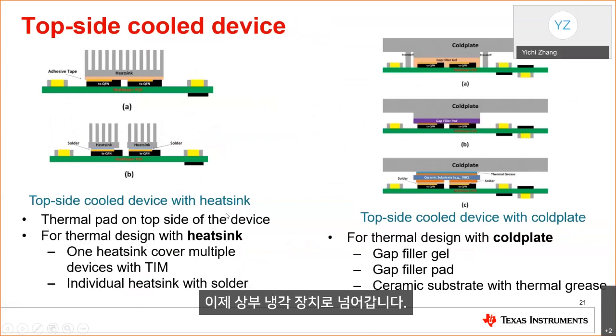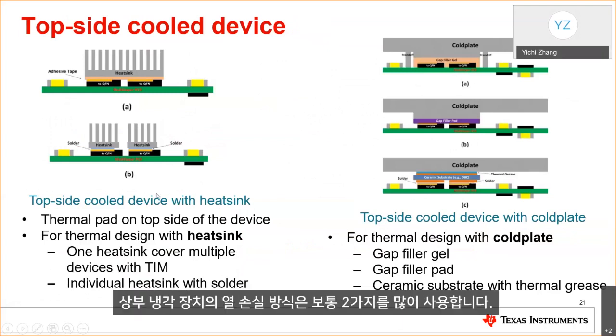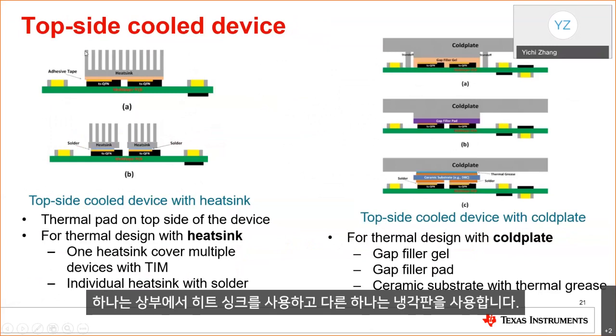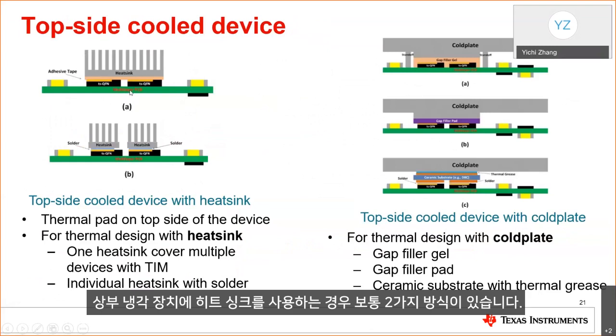Now moving on to the topside cooled device. There are two very common ways of dissipating the heat for the topside cooled device. One is with a heatsink from the top side, and the other one is with a cold plate. If you are using a heatsink for the topside cooled device, there are normally two ways.